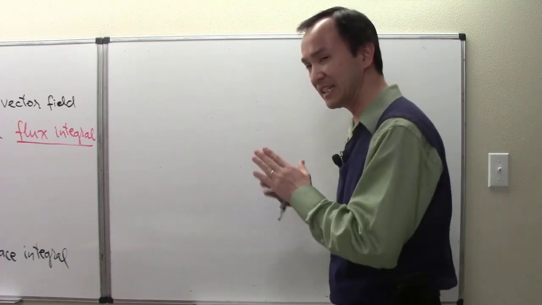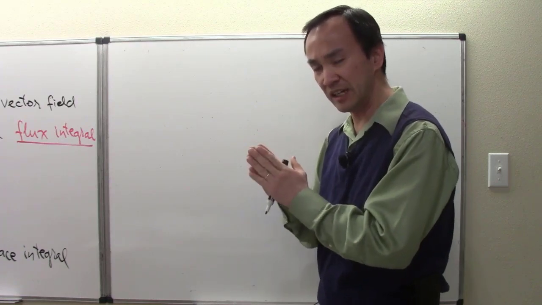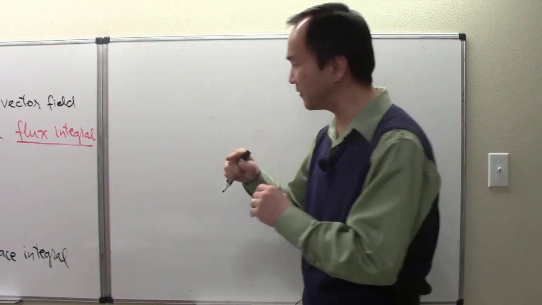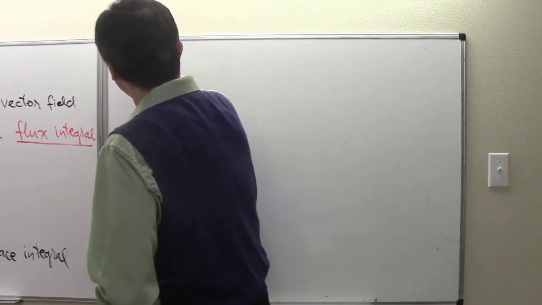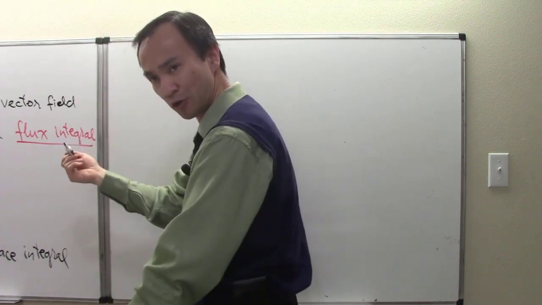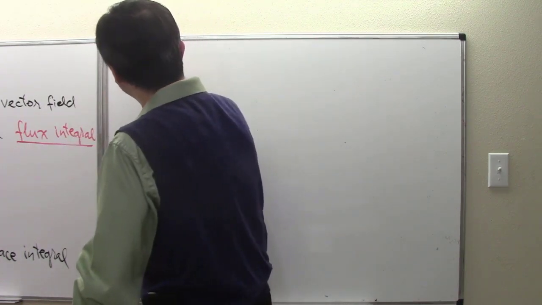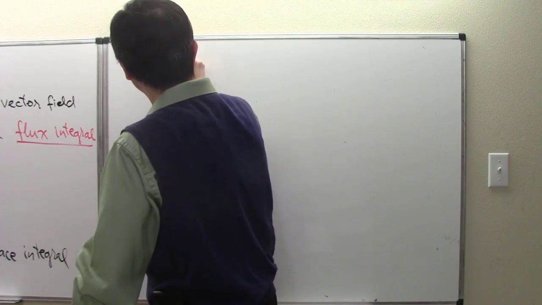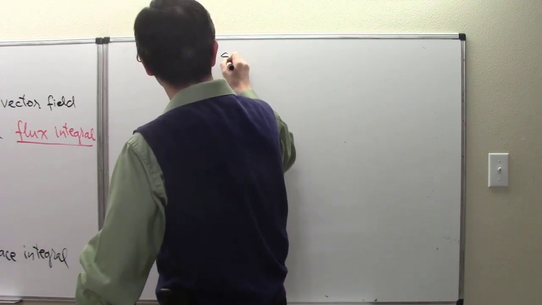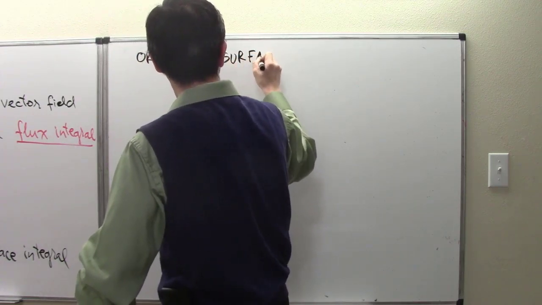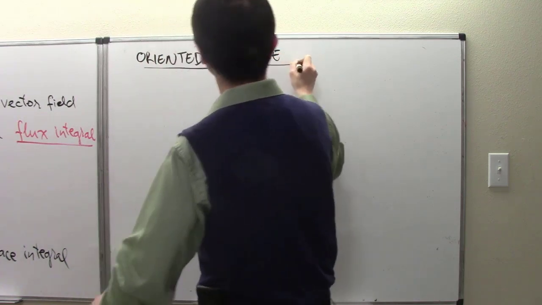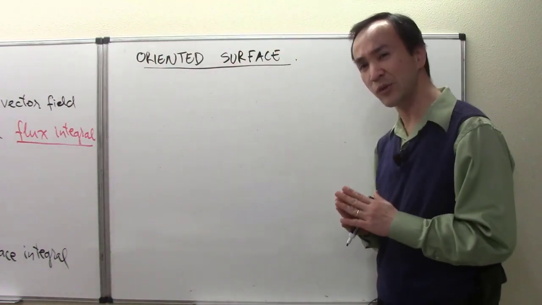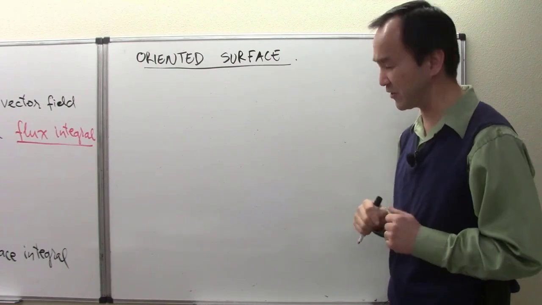One key concept behind the scene is that any of these surfaces we're taking the integrals over have to be an oriented surface. So let's try to understand what an oriented surface is all about.